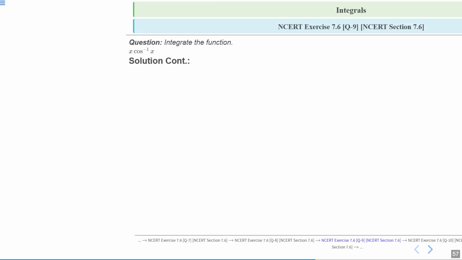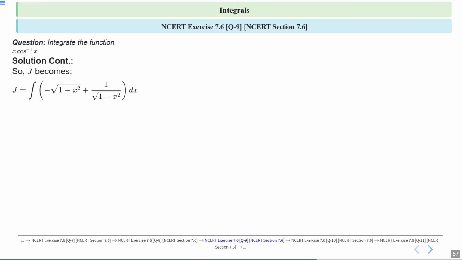Now apply the integral on both sides. So J becomes integration of minus root under 1 minus x square plus 1 by root under 1 minus x square dx. We applied algebraic manipulation so that the integral gets converted into a standard form. Now we know the integration of root under 1 minus x square and integration of 1 by root under 1 minus x square.